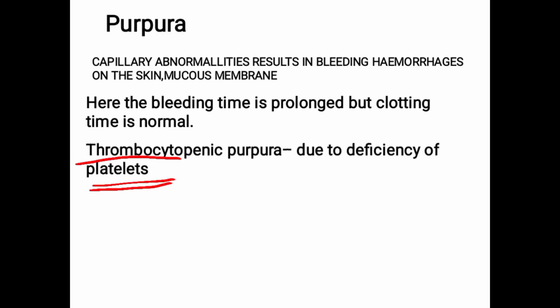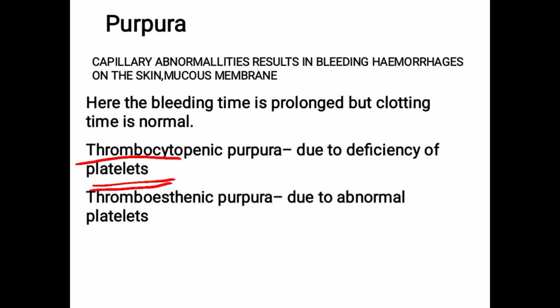Okay, thrombocytes are platelets. Thrombocytopenic purpura is due to deficiency of platelets.